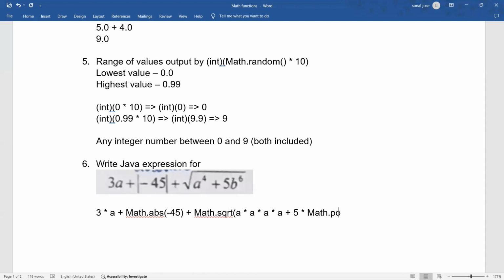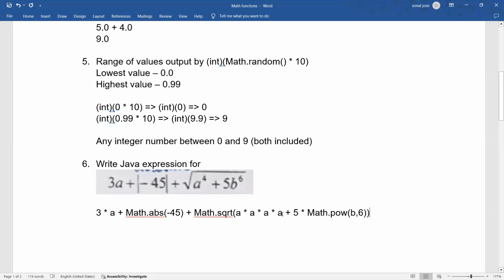We saw that with the math.pow method, we give the base, which is b, and the exponent is 6. We can give it like this and then close the math.sqrt. And when they ask you to write the Java expression, you just need to write this. You do not need to write system.out.println or assign it to something. Only the equation you have to write.